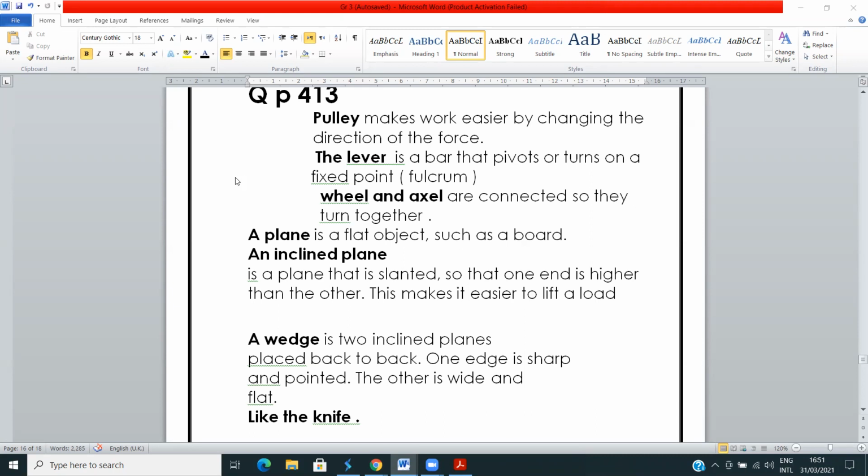Ahmad Rami, what's the wedge? What is a wedge? Two inclined planes back to back.